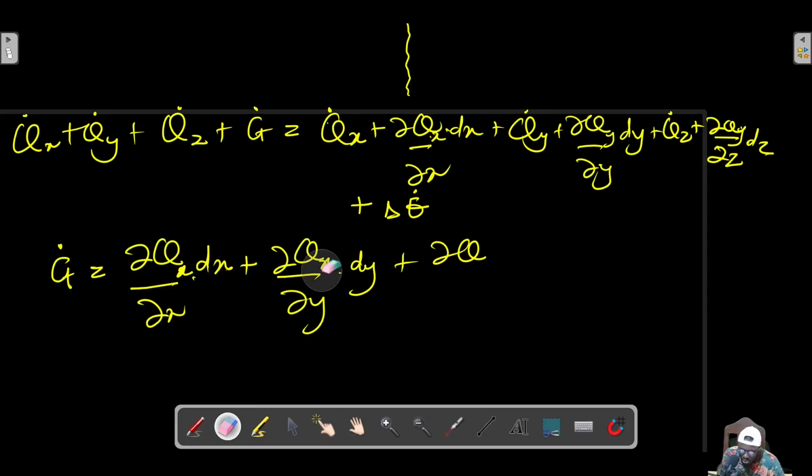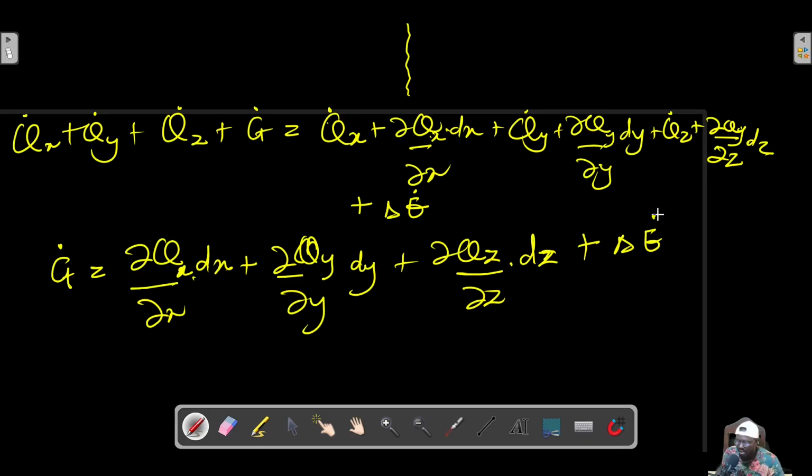So this is supposed to be y, x, and this will be z, dz, del z dz, then what else, plus the rate of change in the thermal energy within our control volume.